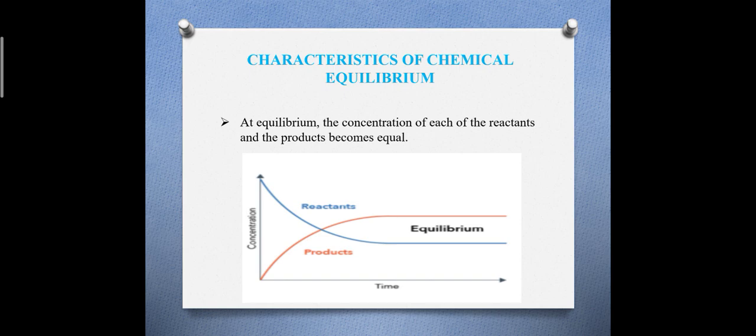As you know, the concentration of reactants gradually decreases as time progresses, or as the reaction is carried out. As the reaction is carried out, the concentration of product goes on increasing. But at equilibrium, both become constant, that is, the rate of decomposition of reactant is equal to the rate of formation of product.